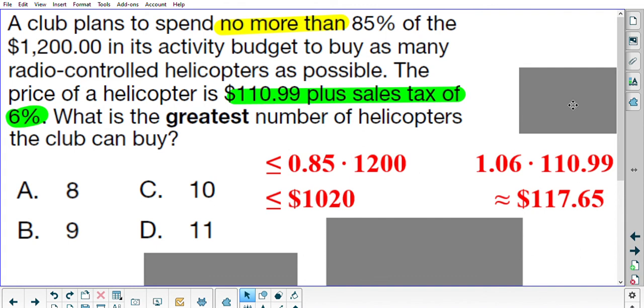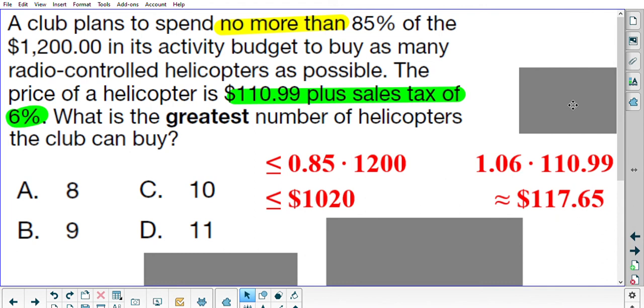and that will give you, rounding to the nearest cent, $117.65. Now, if you don't want to do 1.06, there is another way, but it takes two steps. You would take 0.06 times $110.99. That's going to give you the dollar amount of tax. Then you would add it back on to the $110.99, and you would still get the same answer of $117.65.